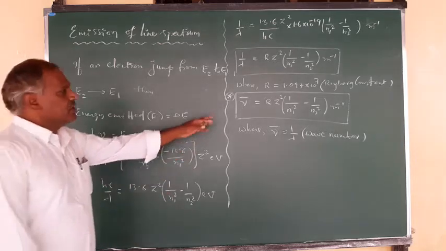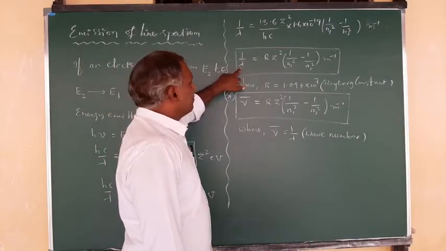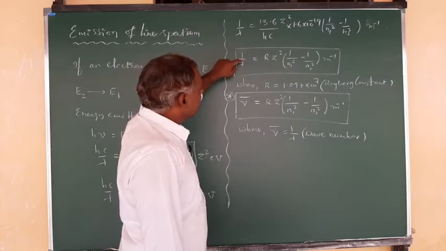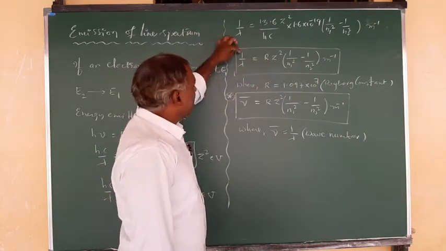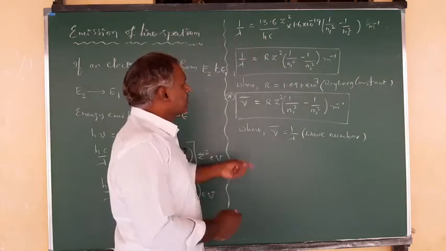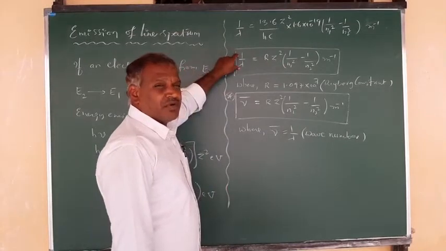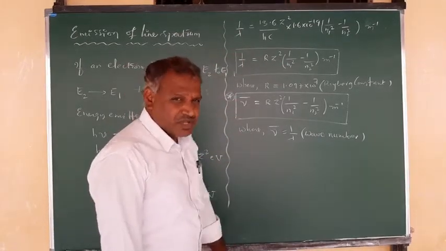Here we have 1 by wavelength, and we want to get the frequency. Frequency is velocity by wavelength. That means if you write c by lambda here, you multiply both sides by c, then you get c by lambda equals R c Z square. So c by lambda is nothing but velocity by wavelength, which is frequency. So frequency can also be determined.